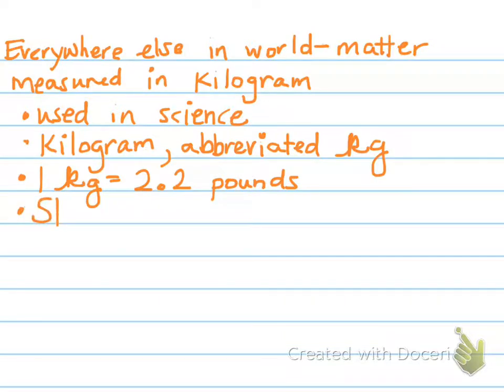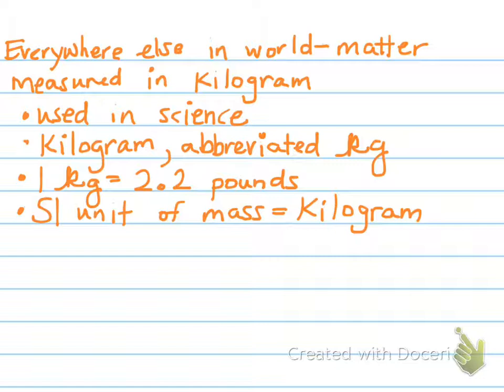And the SI unit of mass is the kilogram. SI stands for Le Système International d'Unités. It's an international system of units that's used around the world by scientists. Remember, it's used so that everybody's communicating the same way. Every scientist around the world would know exactly how much a kilogram is.